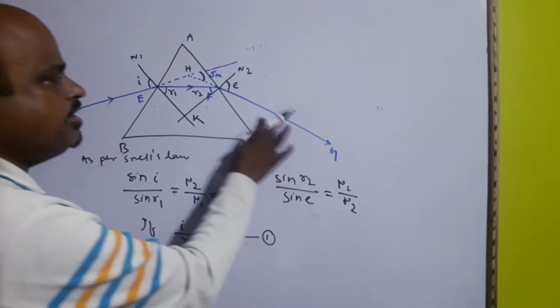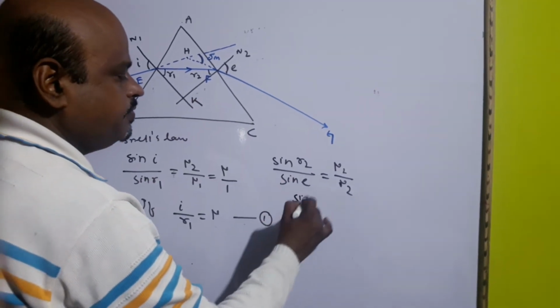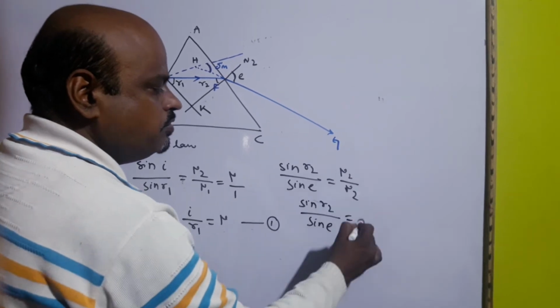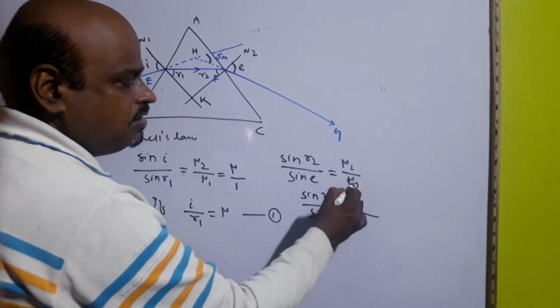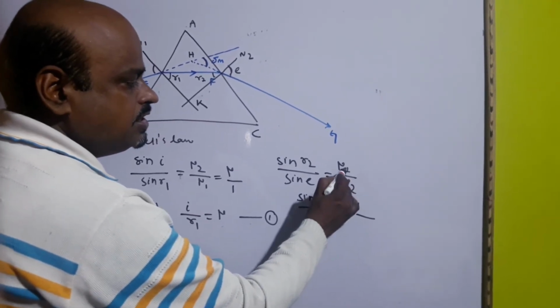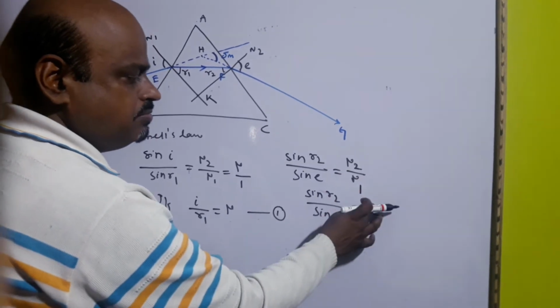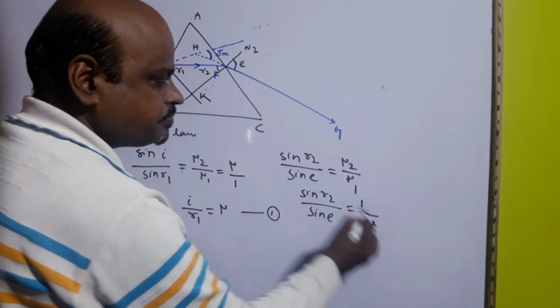The second medium is the air medium, the first medium is the glass medium. So sin R2 by sin E equal to mu2 by mu1: second medium air, 1; first medium glass, mu.